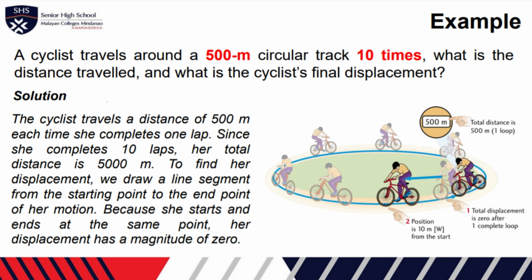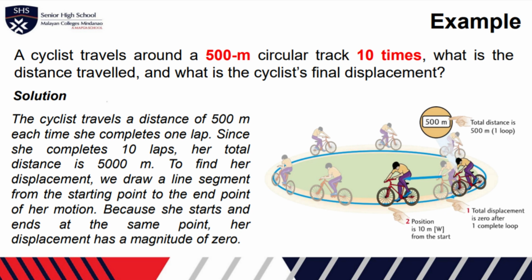Now, there is a cue over there that the cyclist travels a distance of 500 meters each time she completes one lap. Since there are 10 laps, as being emphasized in red color, her total distance is 5,000 meters. It is simply multiplying 500 meters by 10 times.